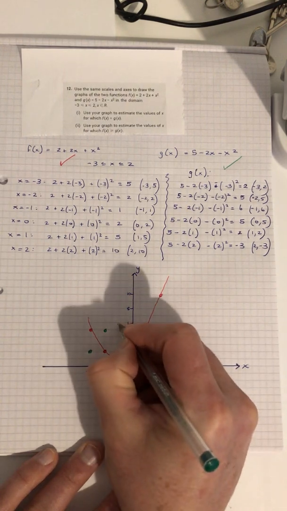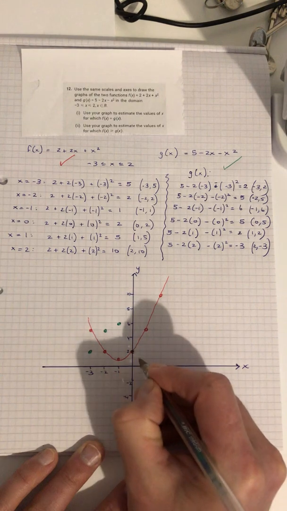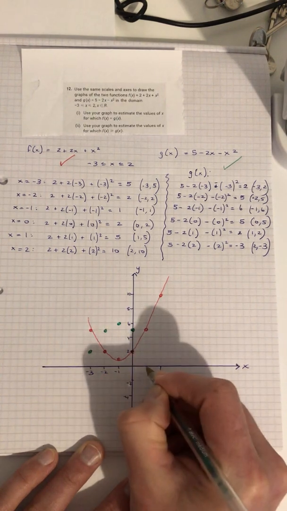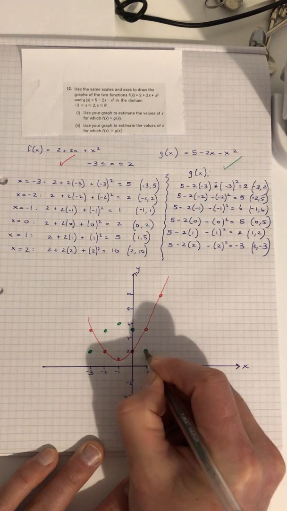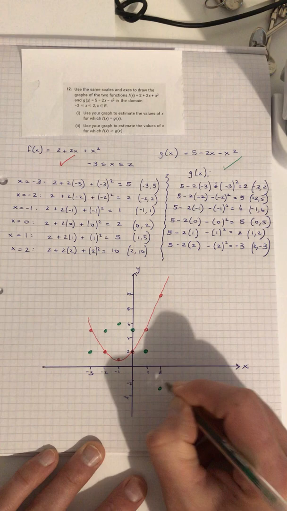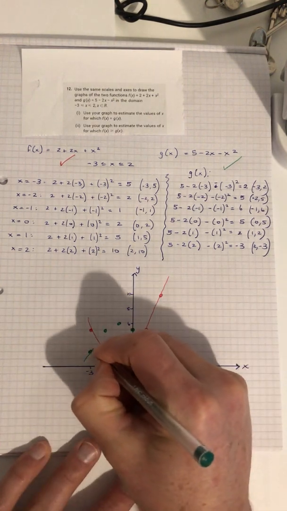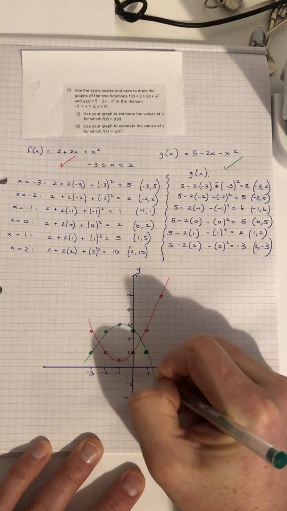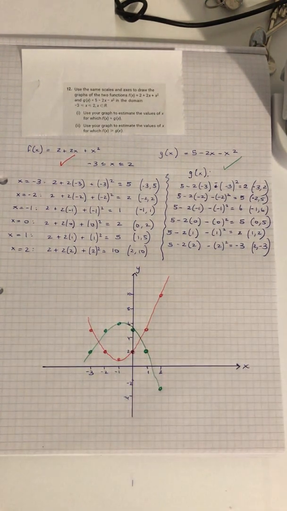Minus 1 up to 6. 0 up to 5. 1 up to 2. And 2 to minus 3. So your graph will look something like so. Okay, so there's the two graphs. And so that's the intersection of two quadratic graphs for you.